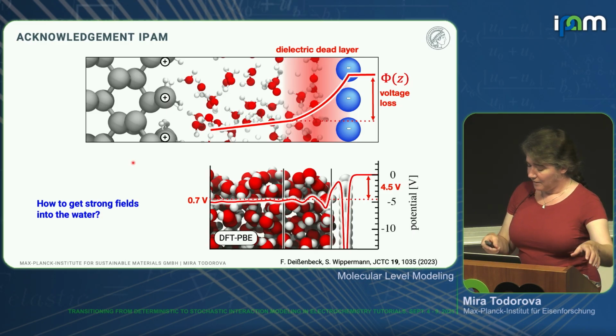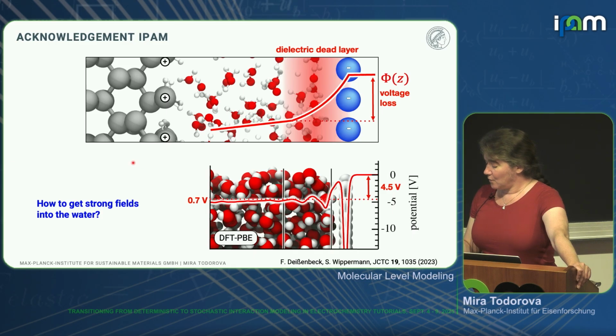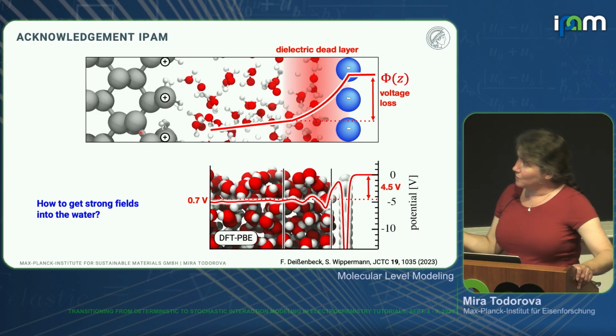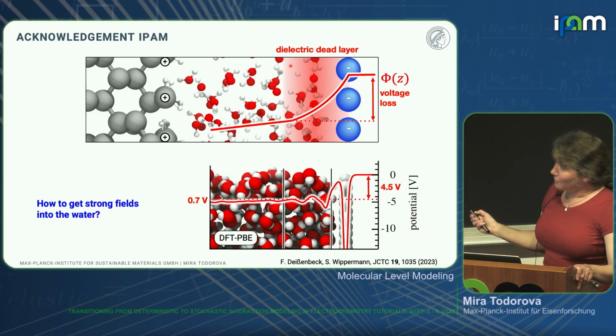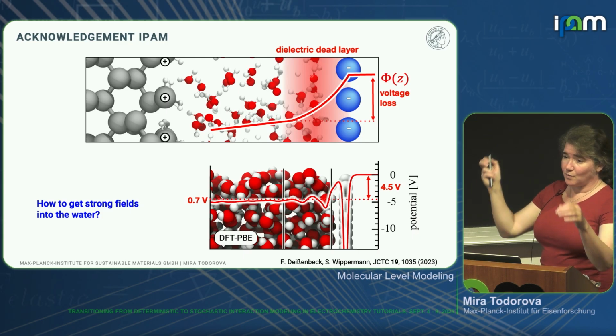The point is, if you think about it, bulk water has a dielectric constant of 80, which means that we do have a very big screening of the potential, and the field that we get here at the electrode is screened. We also have, due to our setup, which we still think is quite good, a vacuum layer in between the neon and the water.